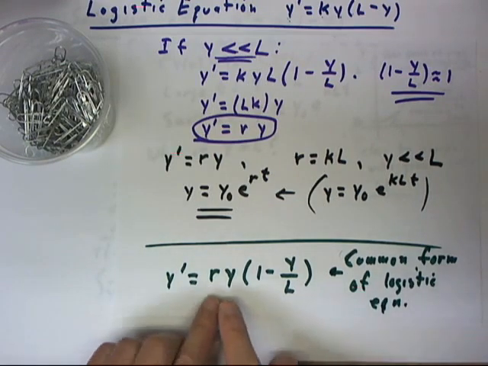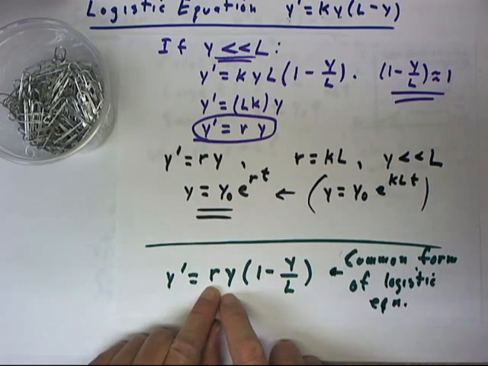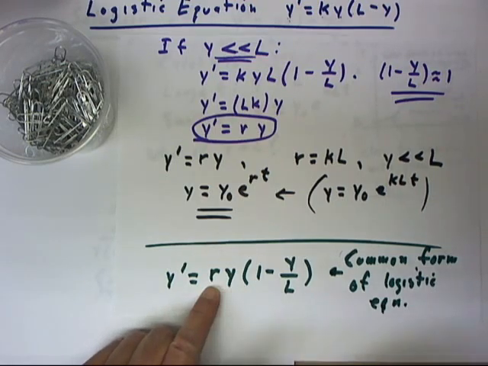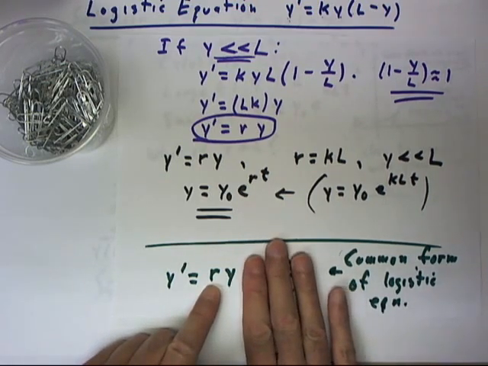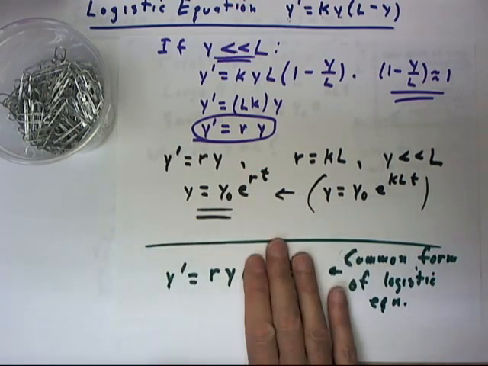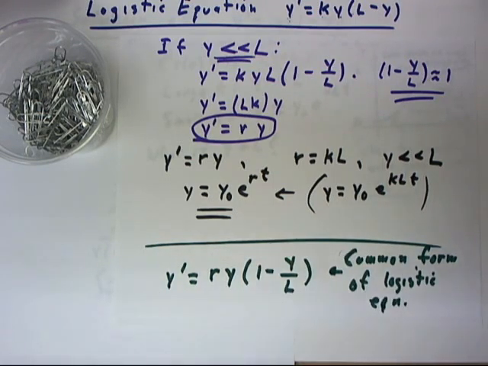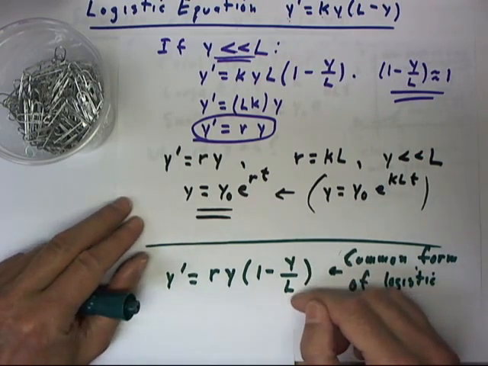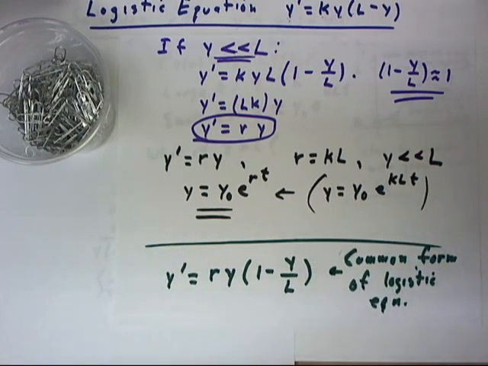This does have the advantage that r is your initial growth rate. As long as y remains much less than L, this factor can be ignored, and we have exponential growth with which you're familiar. As y gets closer and closer to L, what happens to y over L?